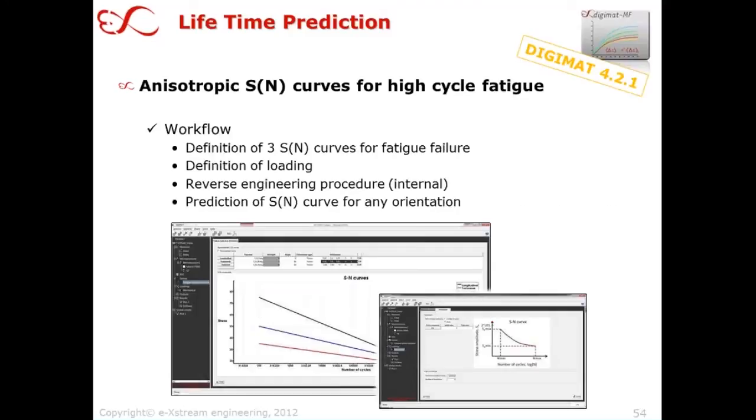So for the user, it's quite easy to use, I would say. You basically, as a workflow in DIGIMAT MF, define your 3 experimental SN curves for the fatigue failure indicator, which we have in there. You define a loading, and then the reverse engineering procedure that I mentioned is really internal in the software. You don't have to take care of it.